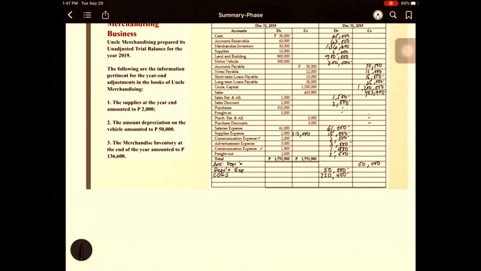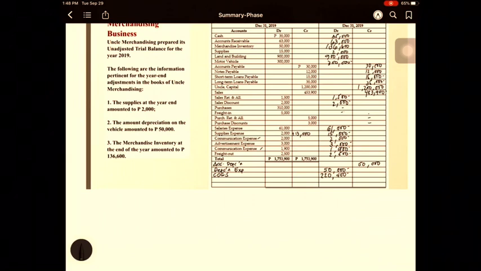We have 35,000 for cash plus 63,000 plus 136,600 for the merchandise inventory end plus 2,000 plus 900,000 for the land and building plus 300,000 for the motor vehicle plus 1,500 plus 2,000 plus 60,000 plus 50,000 plus 2,000 plus 3,000 plus 1,900 plus, I'm already in the freight out, 2,500 plus 50,000 depreciation expense, and your cost of goods sold amounting to 220,400.